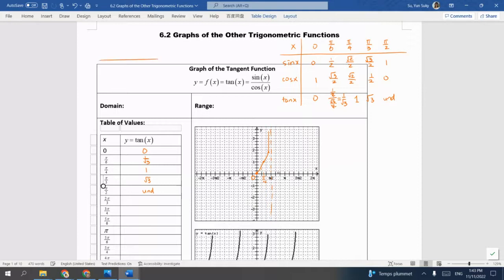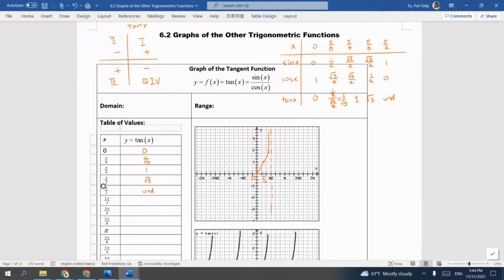Do you remember for tangent? The first quadrant, the tangent is positive or negative? Positive, right? Second quadrant, tangent is negative, right? The third quadrant, the tangent is positive. The fourth quadrant, the tangent is negative, right?